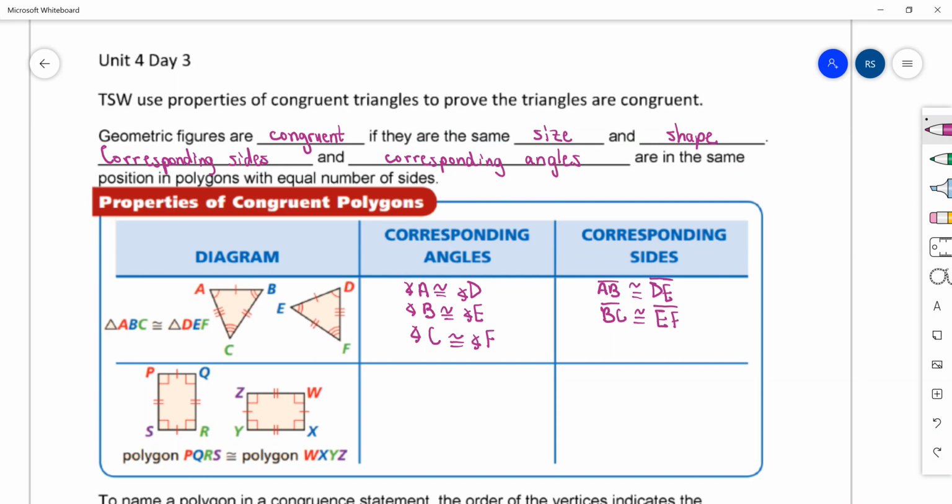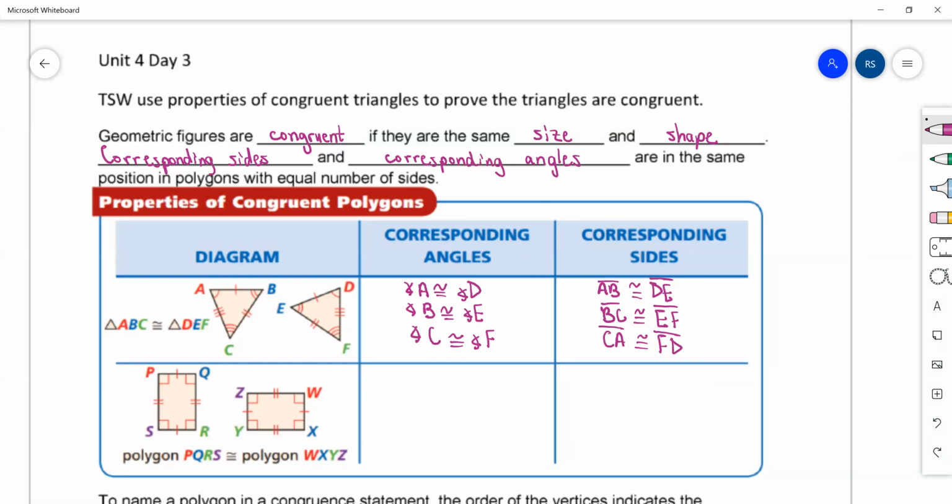And then last but not least, I have CA congruent to, so I went 3 to 1, so I'll go 3 to 1. So FD. So CA is congruent to FD.